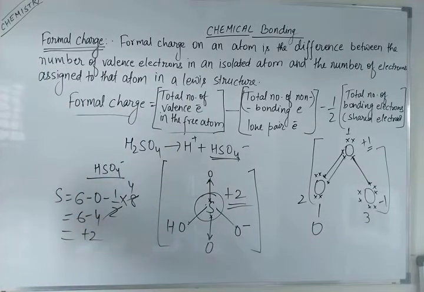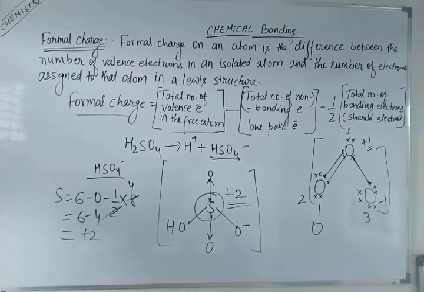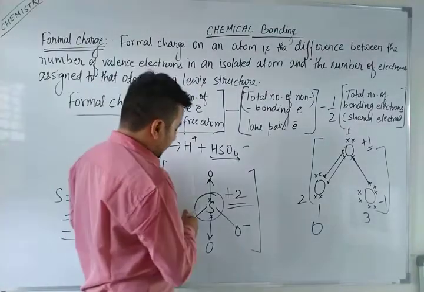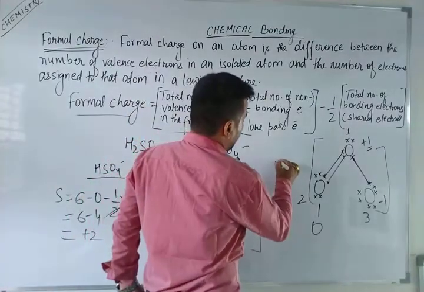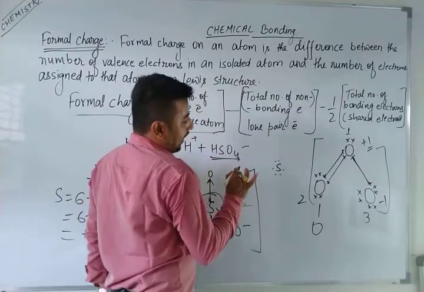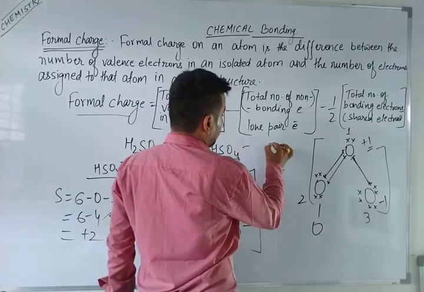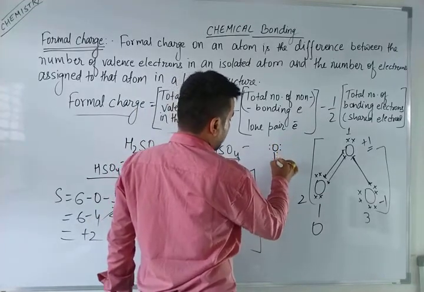Sometimes you hesitate to ask, sir, how there are a total of 6 valence electrons of sulfur, as you have mentioned here. Just suppose I am giving you again the same structure. Sulfur: 1, 2, 3, 4, 5, 6. Okay, a total of 6 valence electrons. Suppose here oxygen is there: 1, 2, 3, 4, 5, 6.